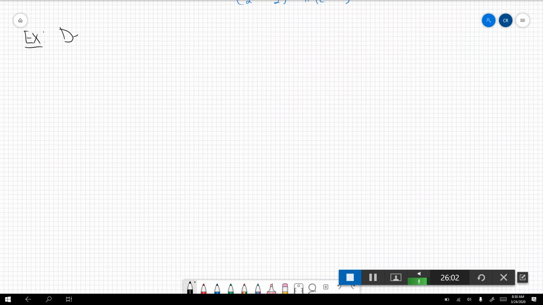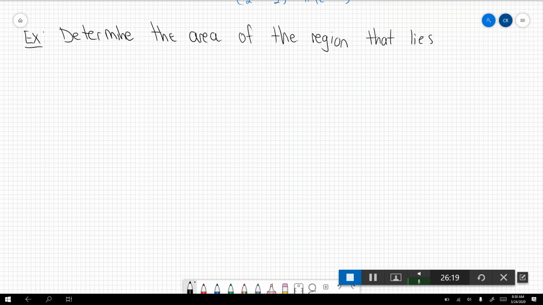We want to determine the area of the region that lies inside r = 3 + 2 sin θ and outside r = 2.